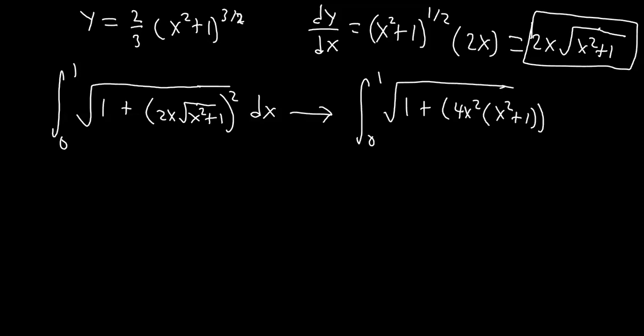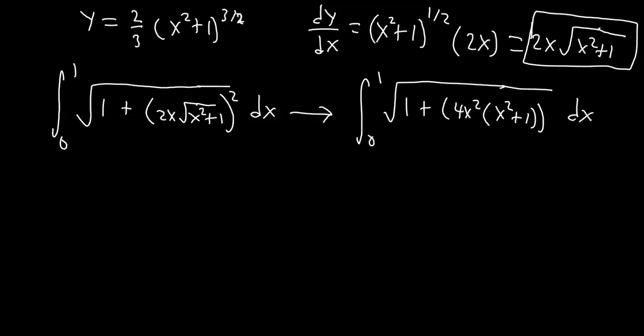Remember that you're multiplying x squared plus 1, that quantity, times 4x squared, since you wrote it like this, right? Because the 2x is outside the square root, and now as a result, you multiply 4x squared by the term x squared, and then by the term 1, okay?